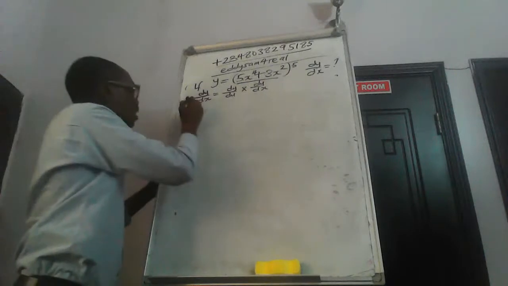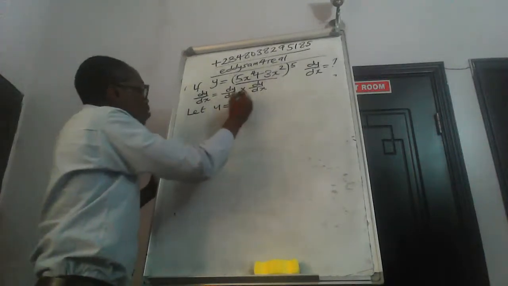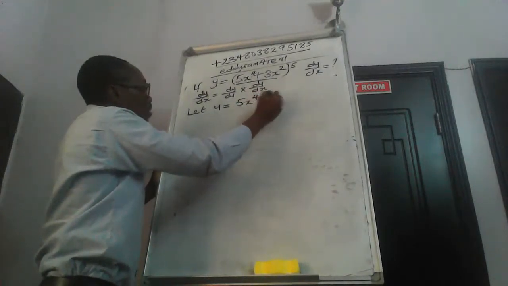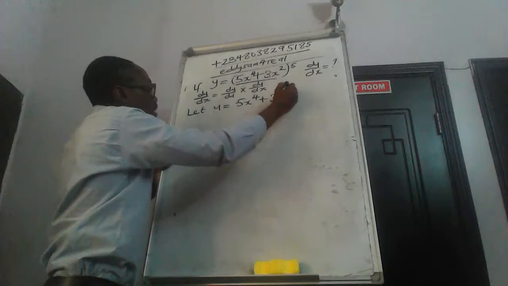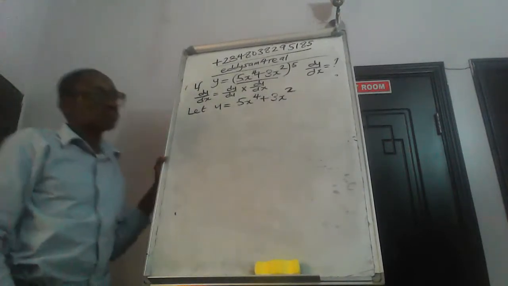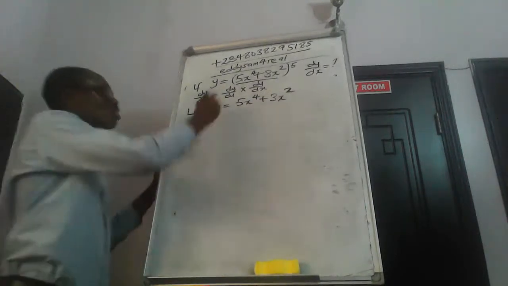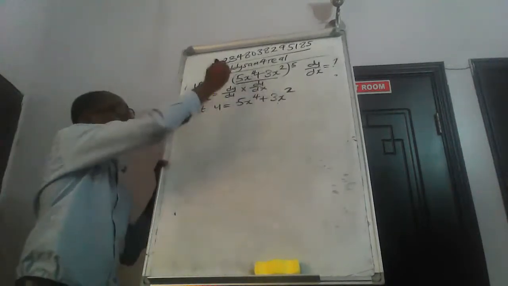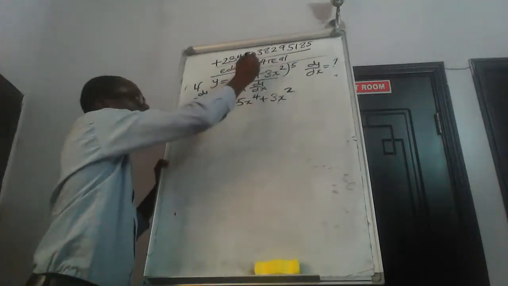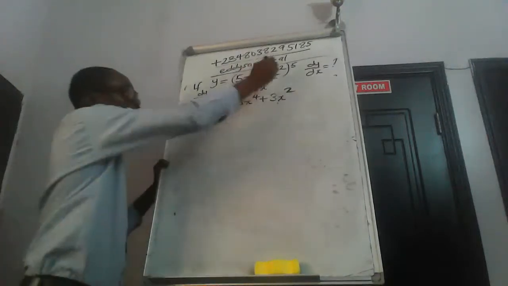So we will say let u equal 5x raised to power 4 plus 3x raised to power 2. If u is equal to this, then automatically we're going to replace 5x raised to power 4 plus 3x raised to power 2 with u.